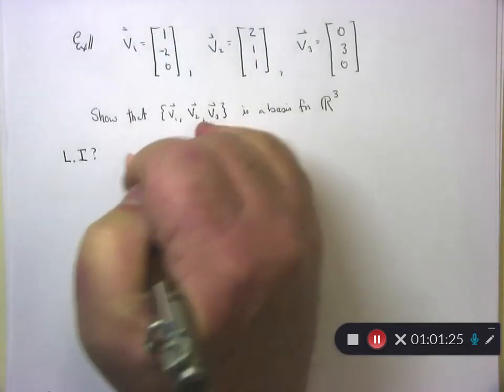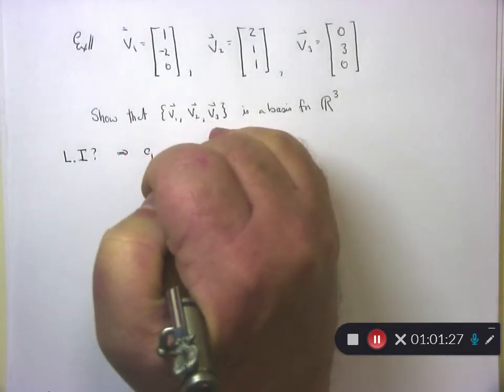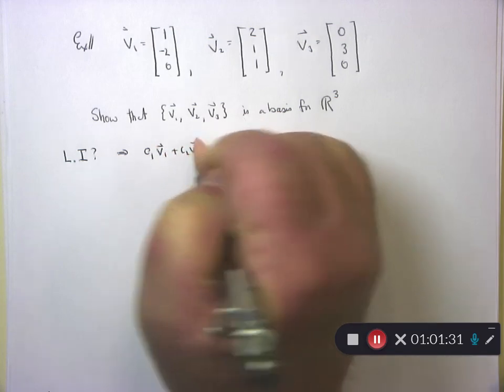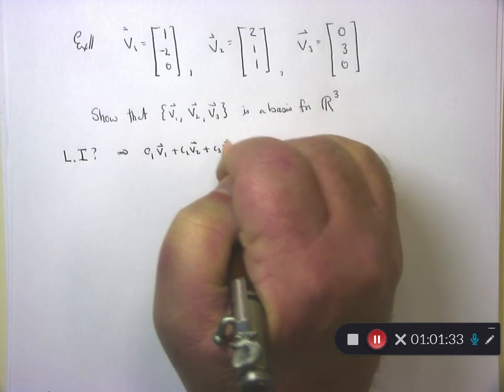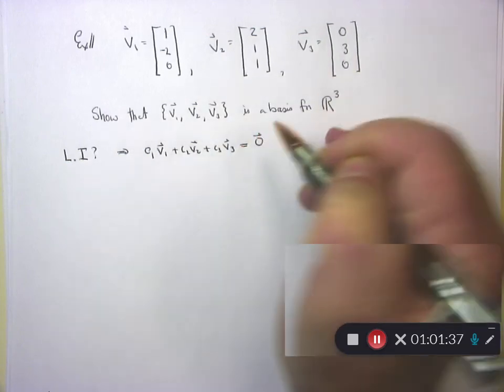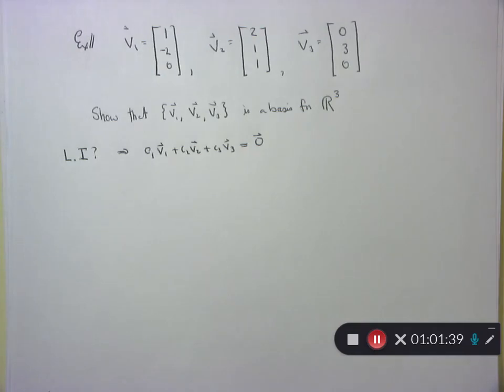I would do C1 times vector V1 plus C2 times vector V2 plus C3 times vector V3, and I'm going to set it equal to the 0 vector. And if they are linearly independent, what do these constants have to be equal to? 0. If anything else, they're linearly dependent, right?